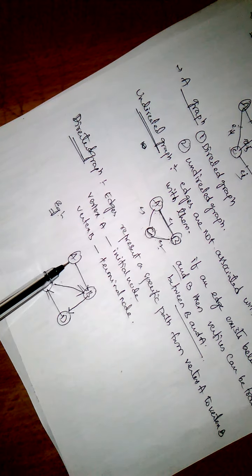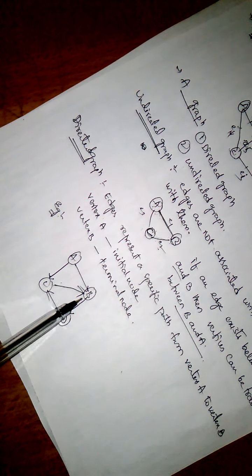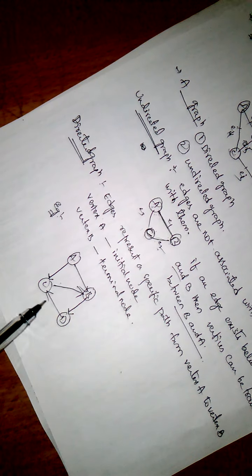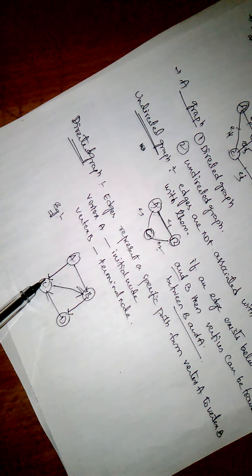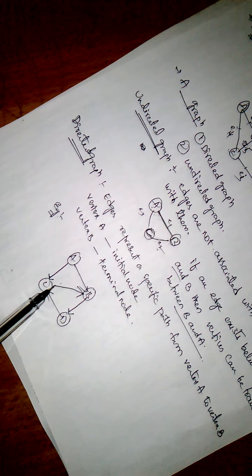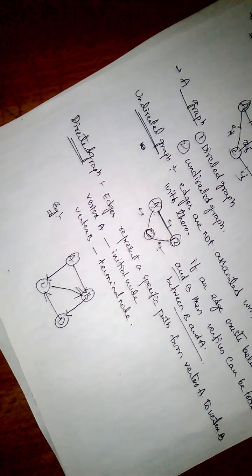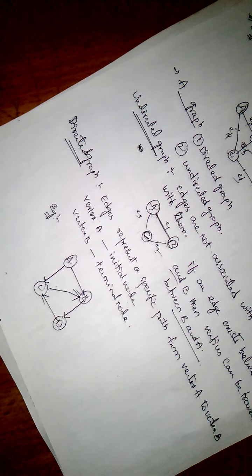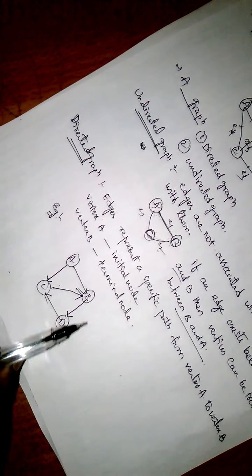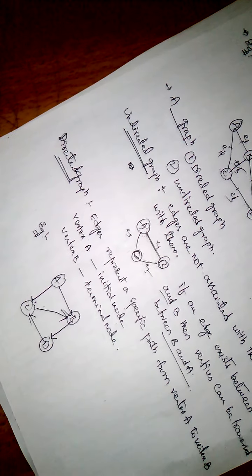It shows a direction from A to B, from B to C, from D to C, from A to C, and also from C to B. So a directed graph shows a direction along a specific path.